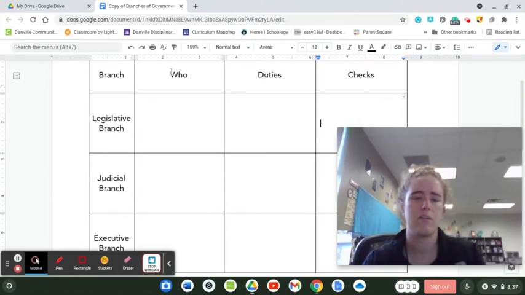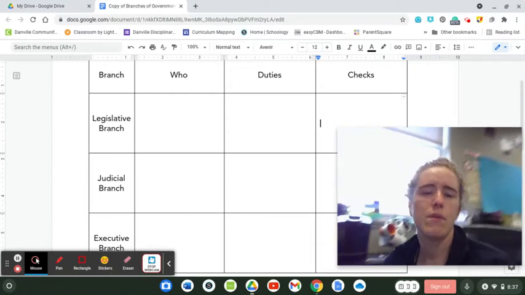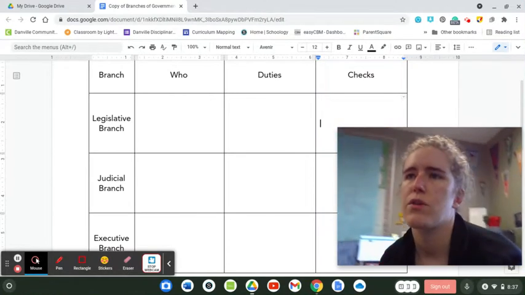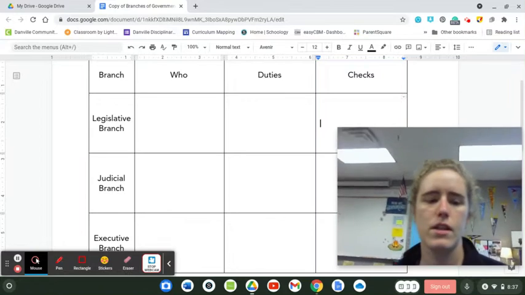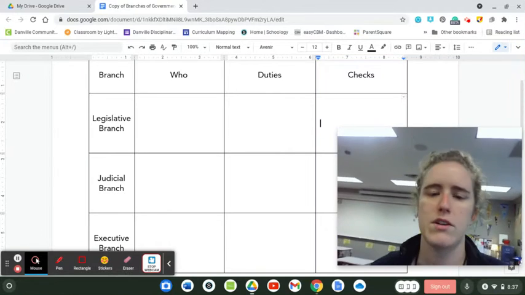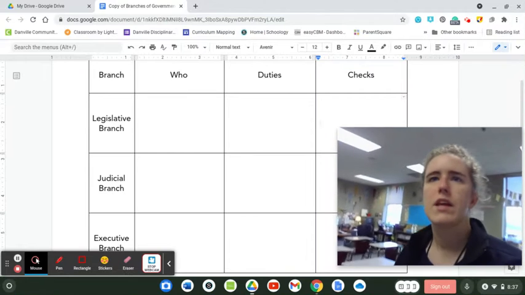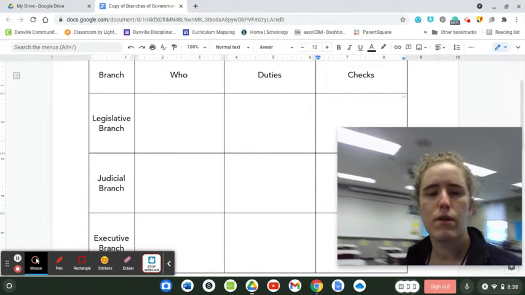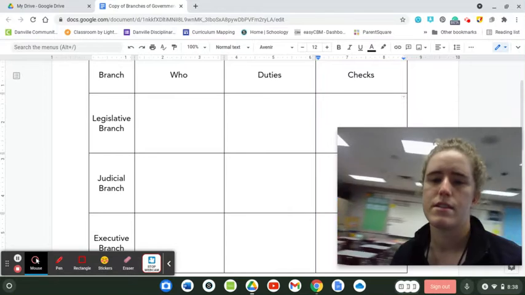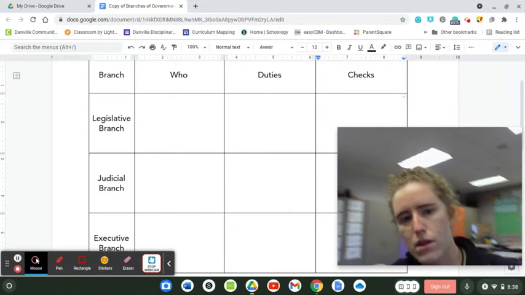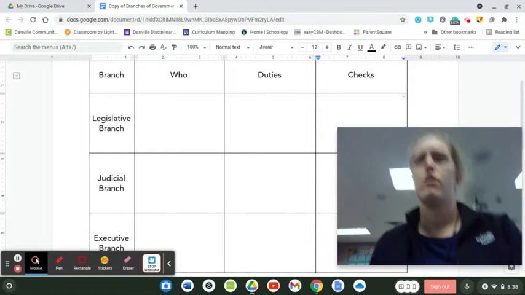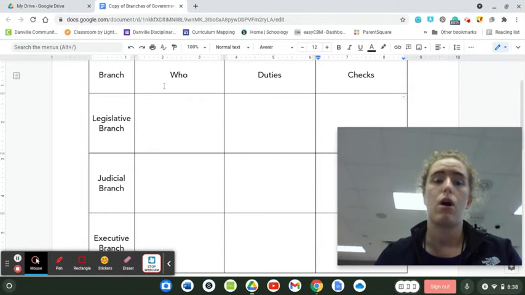So the legislative branch, that might be a branch that you're slightly unfamiliar with. The legislative branch is made up of two separate parts: the House of Representatives and the Senate. Together, those two groups are called Congress.